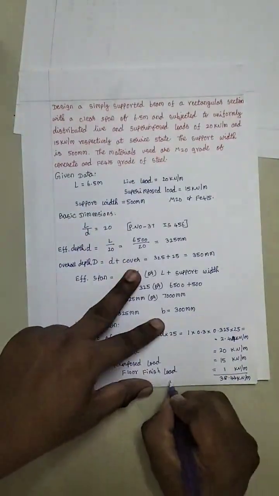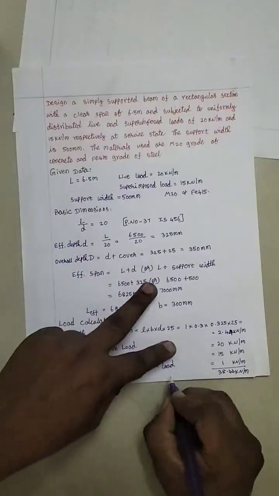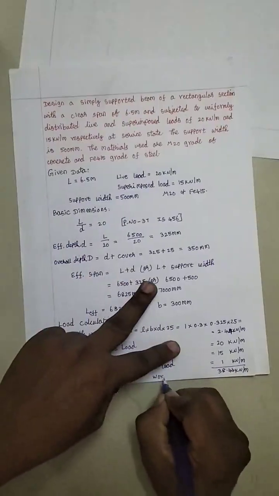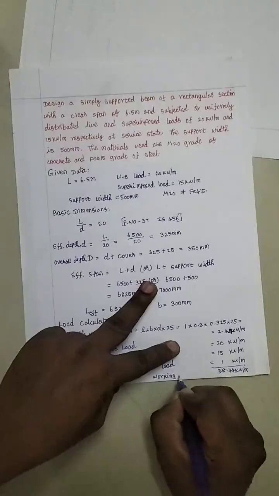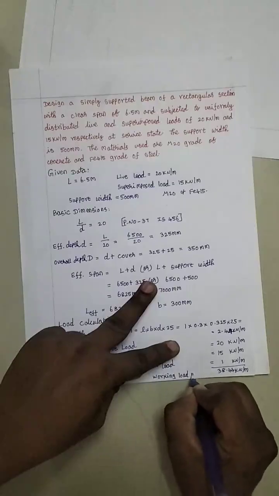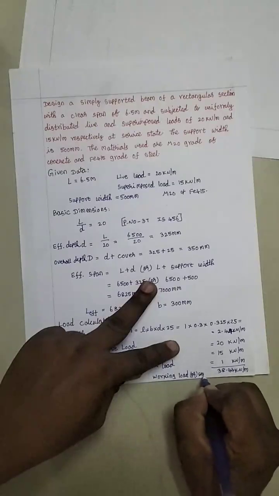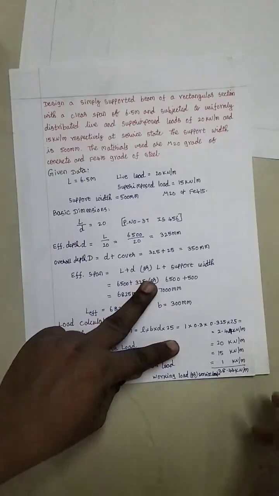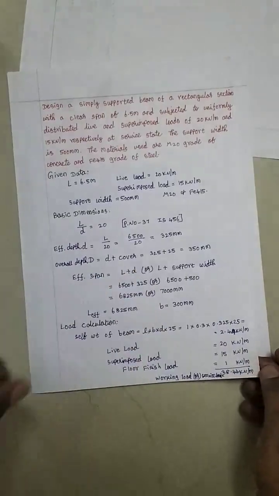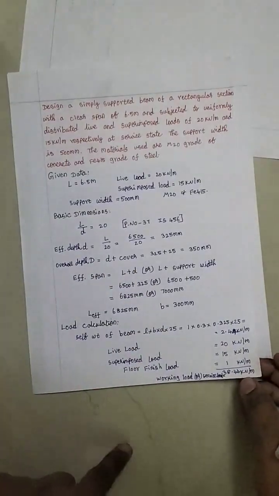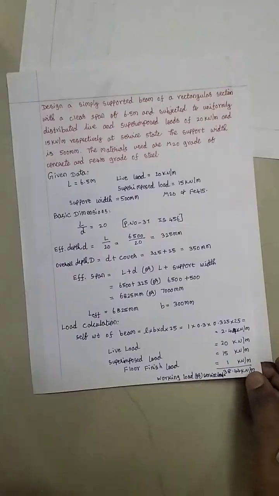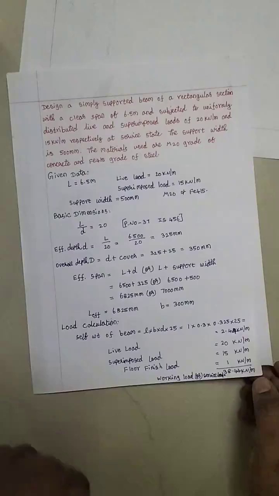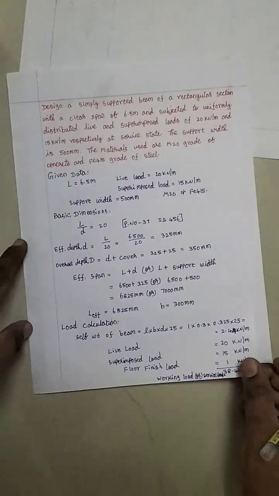Here they have mentioned it as service load. So the load which we have calculated is nothing but your working load, or I can call it service load. In order to calculate the design load, I need to convert this into ultimate load. We need to multiply this value with the partial safety factor, which for a beam is 1.5.